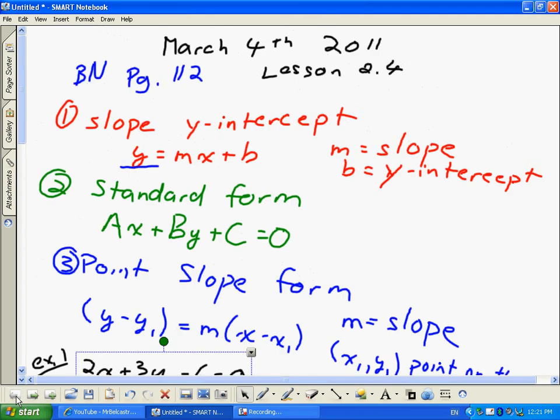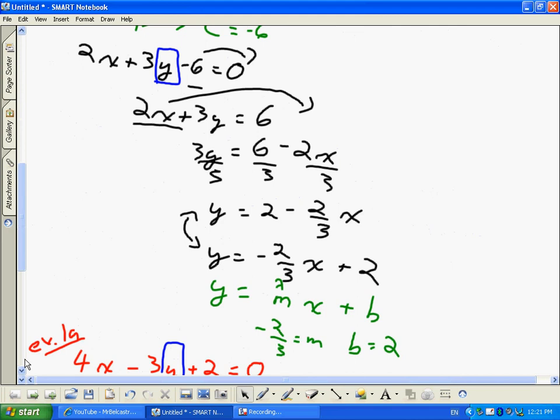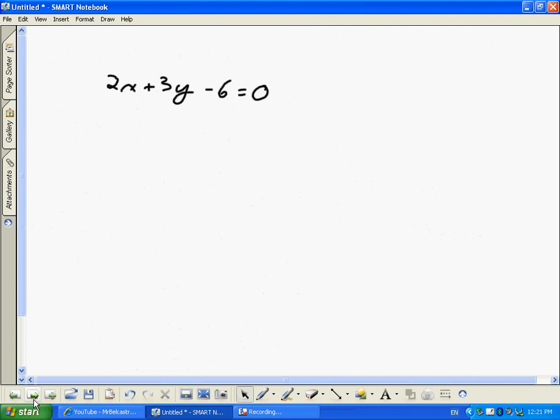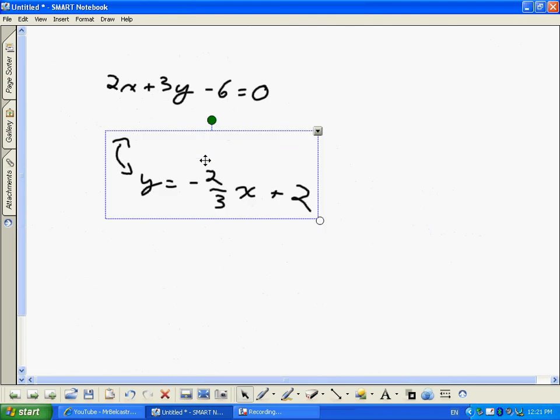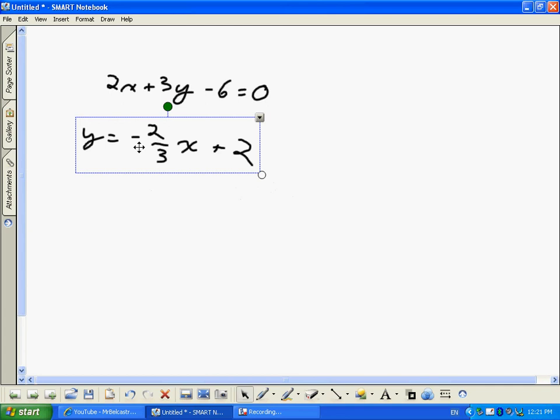On the previous page, we discovered that in slope y-intercept form, where do we have it now? We'll take all of this over. I'll erase some on the other side. That worked out. Okay, so when we rearranged it, this was our standard form. This was our slope intercept form, we'll call it.